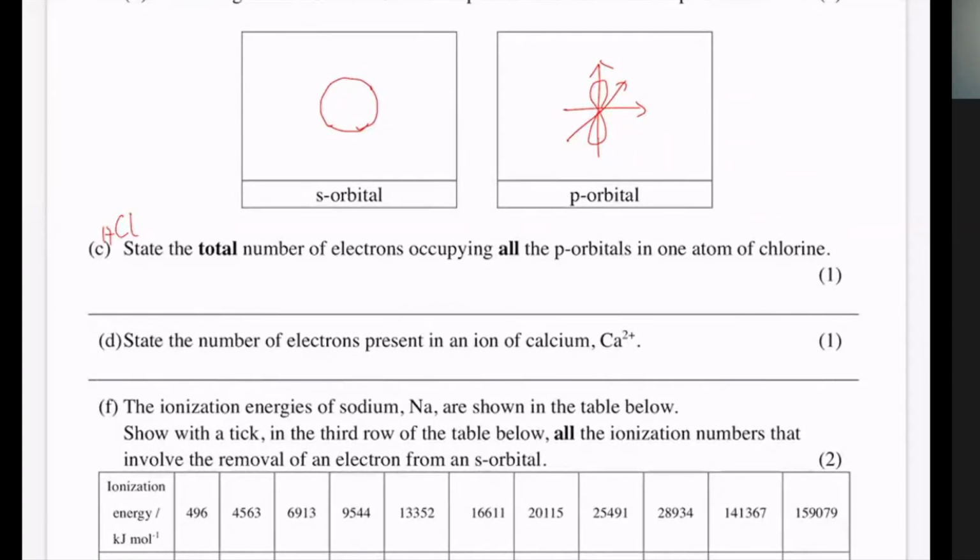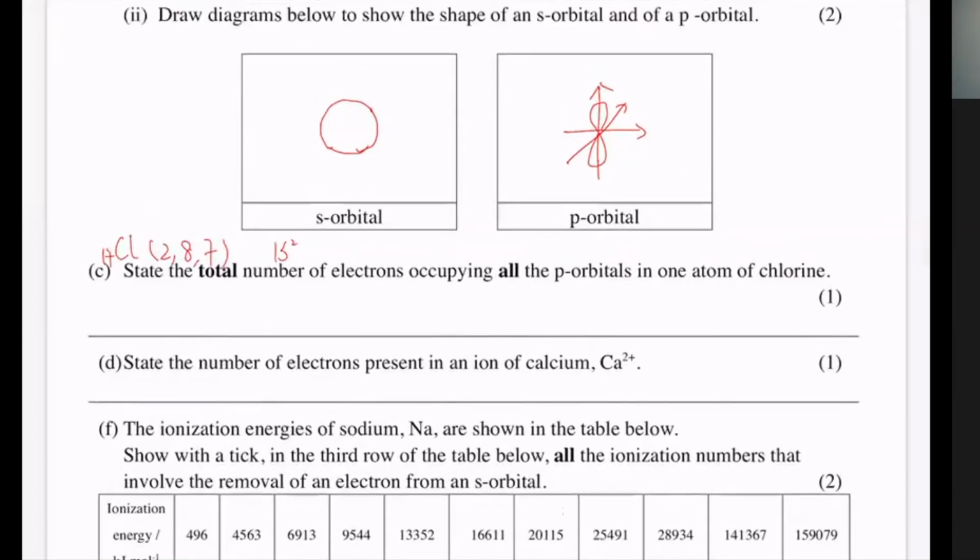Chlorine has 17 electrons. So how to arrange them? 2, 8, 7. Very good. Now let's turn it into SPD notation. We begin with 1s. 1s2, and then followed by 2s.